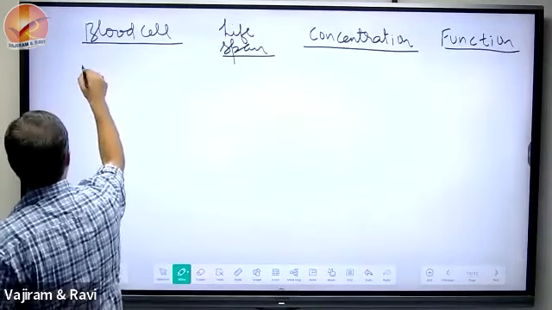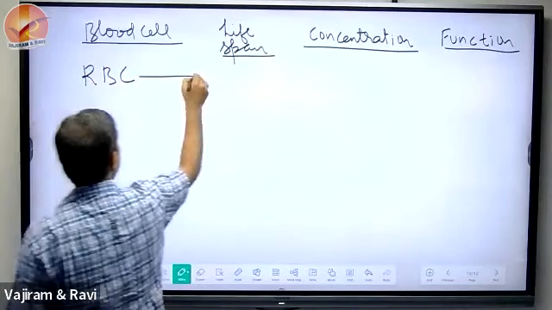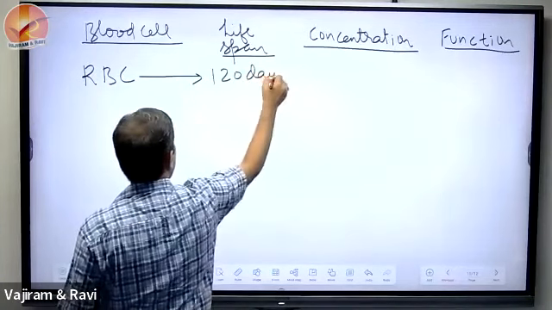So the blood cells that we discussed, one is the red blood cell, lifespan 120 days.